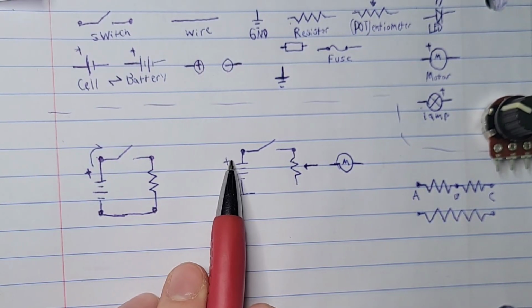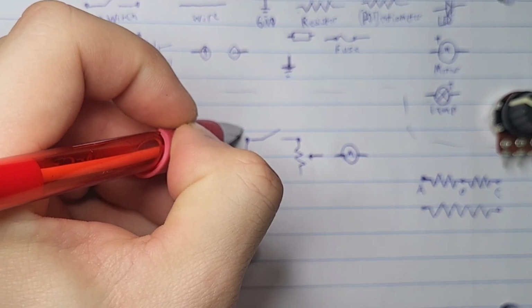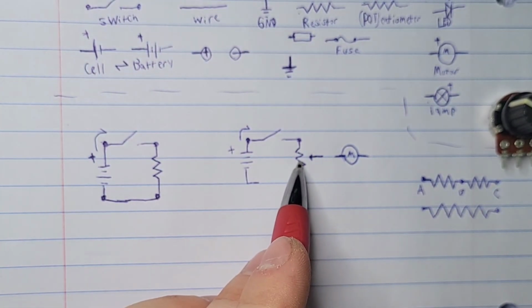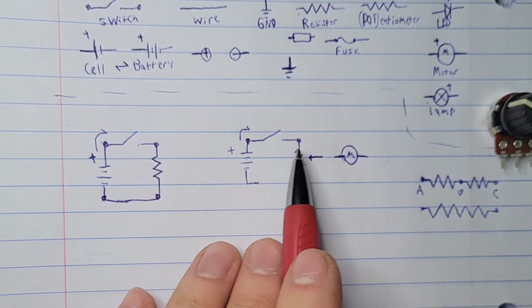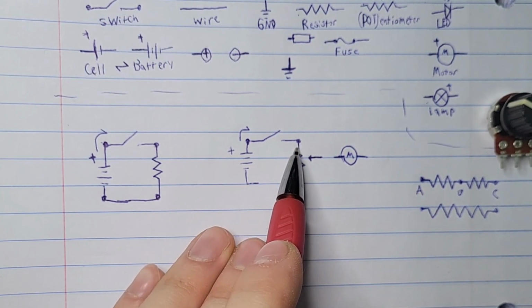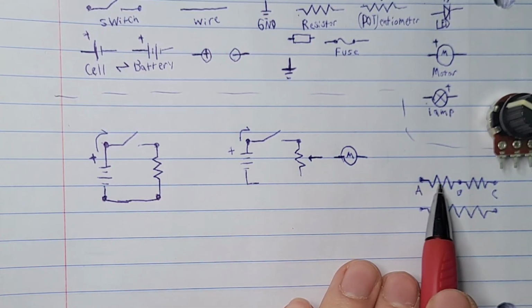Now, the positive goes from here, follow the flow. It's going to go from here, down here. This is not a very good example, but it's going to go here, down, and then into this leg, as you can see, from here to here.